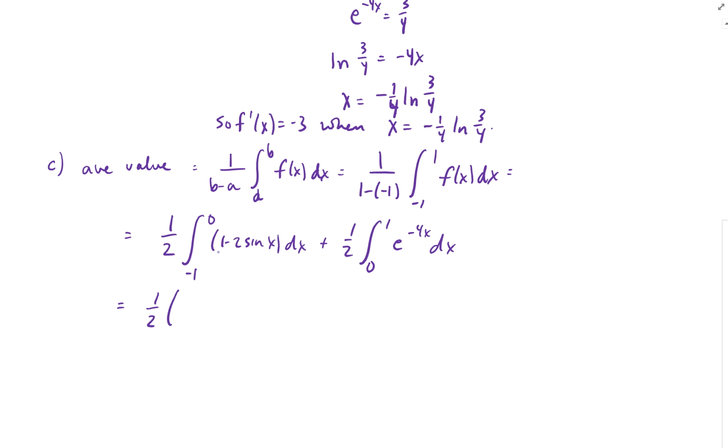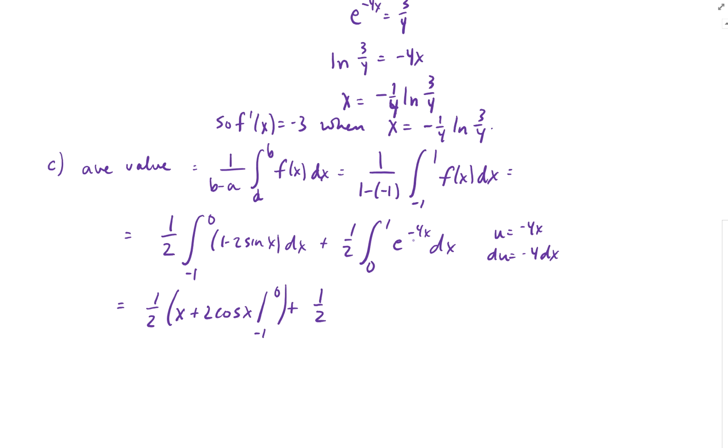1/2. So the integral of 1 is x. The integral of sine is negative cosine, so plus 2 cosine of x from negative 1 to 0, plus 1/2. This is u equals negative 4x, du is negative 4 dx.